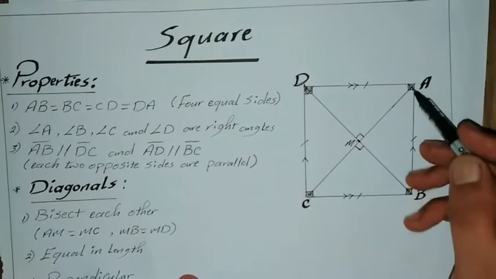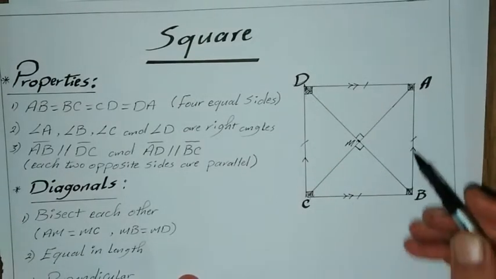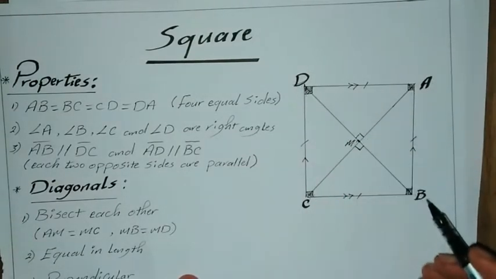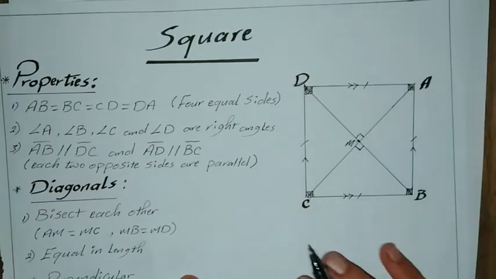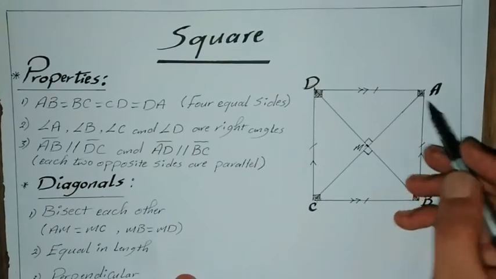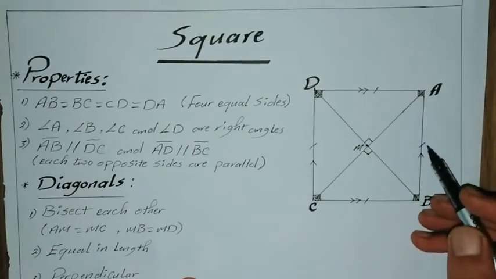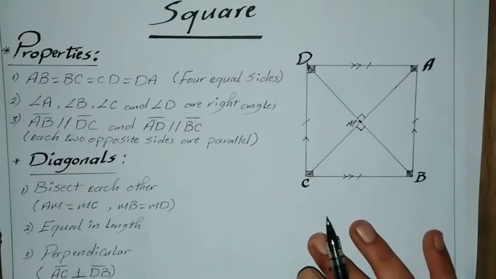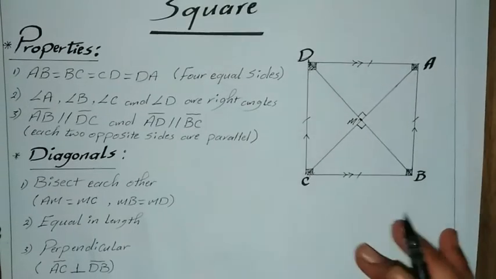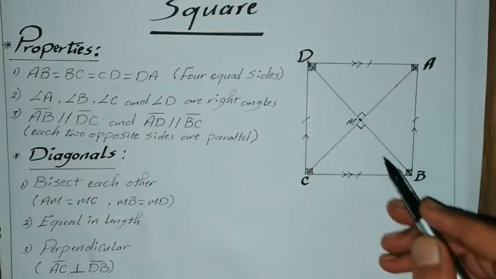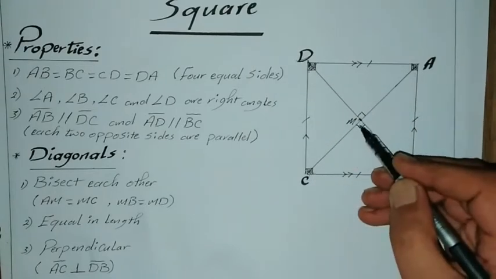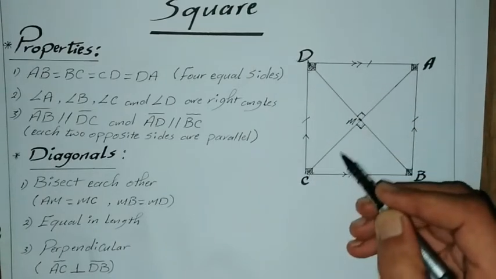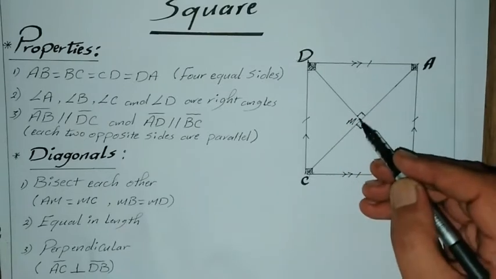And the diagonals also are equal in length. Square has 6 properties. The diagonals also are perpendicular. They make right angles.